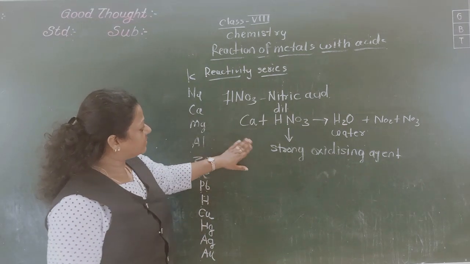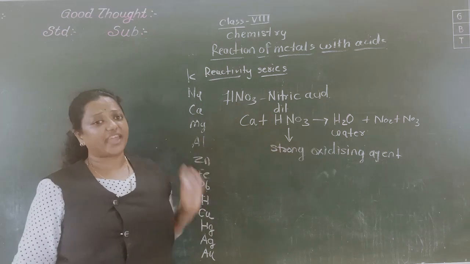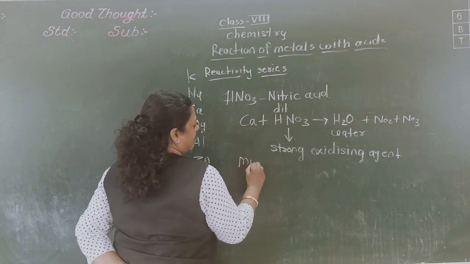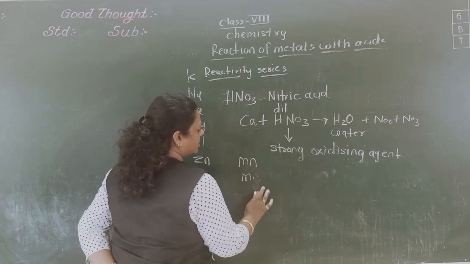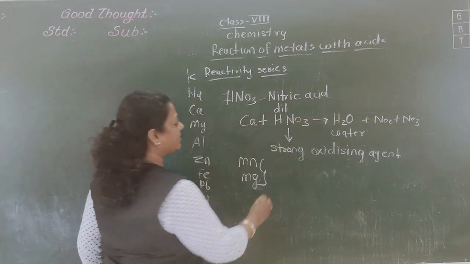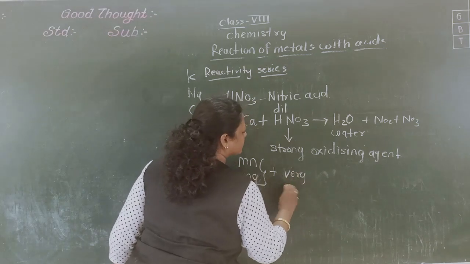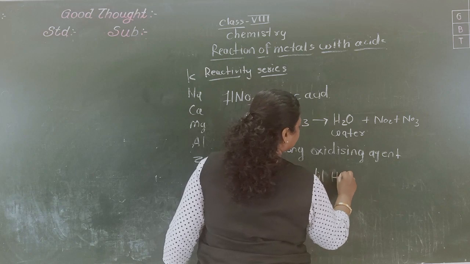Then are there any metals which can react with nitric acid? Yes, there are two metals, students: magnesium and manganese. These are two metals which can react with very dilute nitric acid.